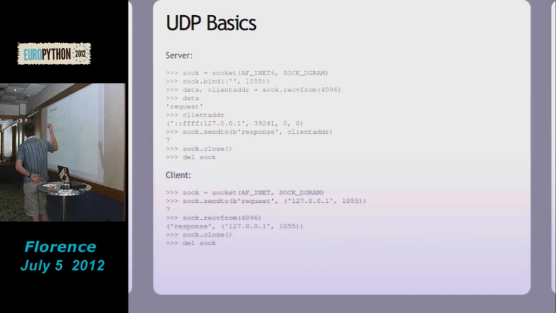So the very first line on the server side, I'll treat it as a classical client-server kind of thing. I create a socket, and the arguments are the address family you want, which is something like IPv4 or IPv6, called AF_INET and AF_INET6. And then the socket type is the next argument, which is stream or datagram.